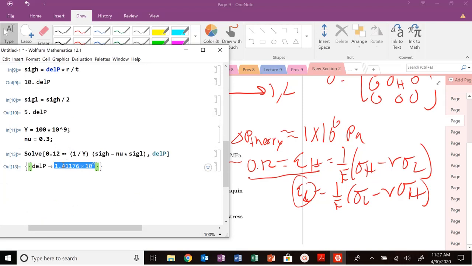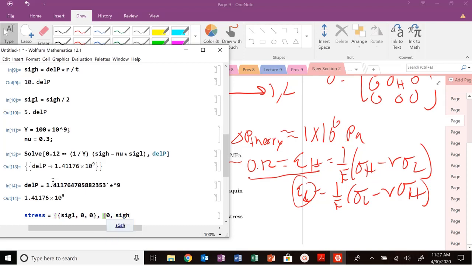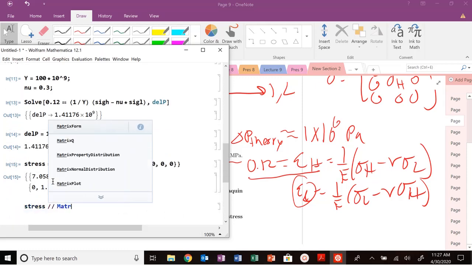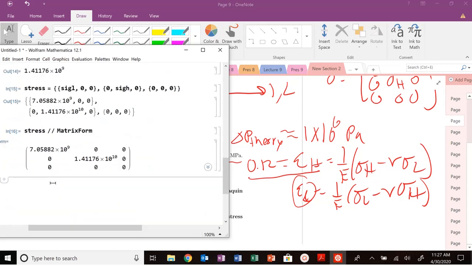So I'm going to copy this, say delta P equals this. So now I could do my stress equals sigma L, 0, 0, 0, sigma H, 0, and 0, 0, 0. So stress, matrix form. There's my stress tensor.